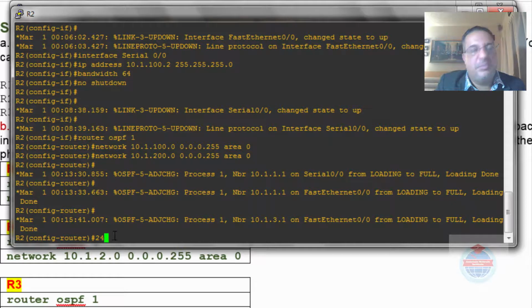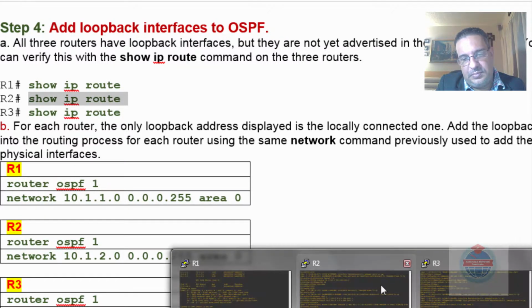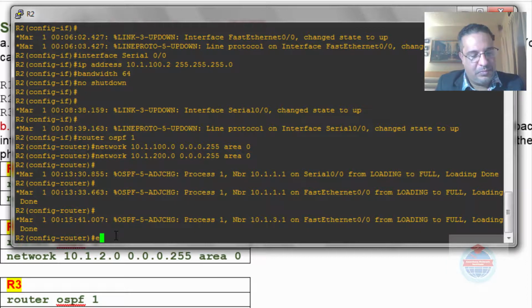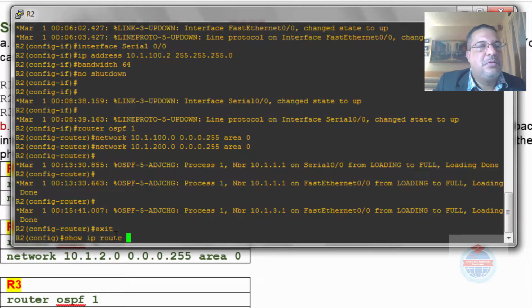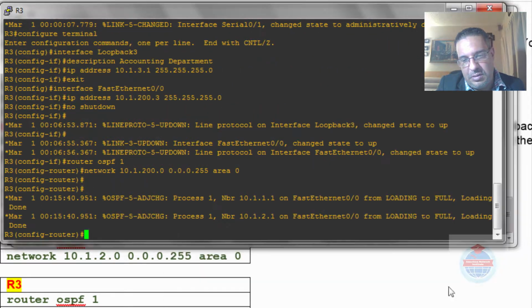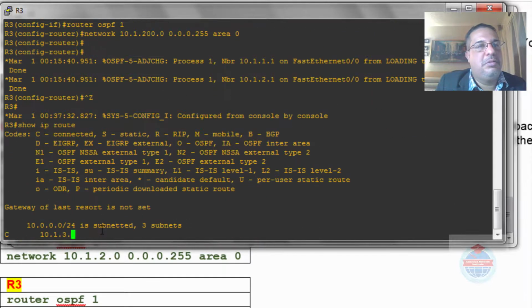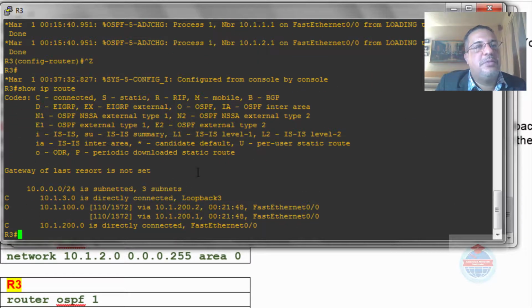On R2, the same, a similar process, and on R3, Control C, we saw similar stuff over here.